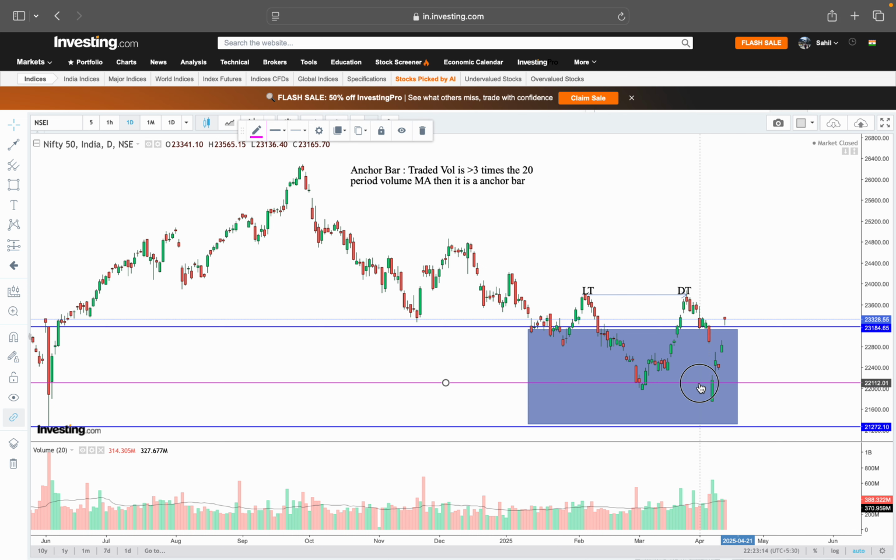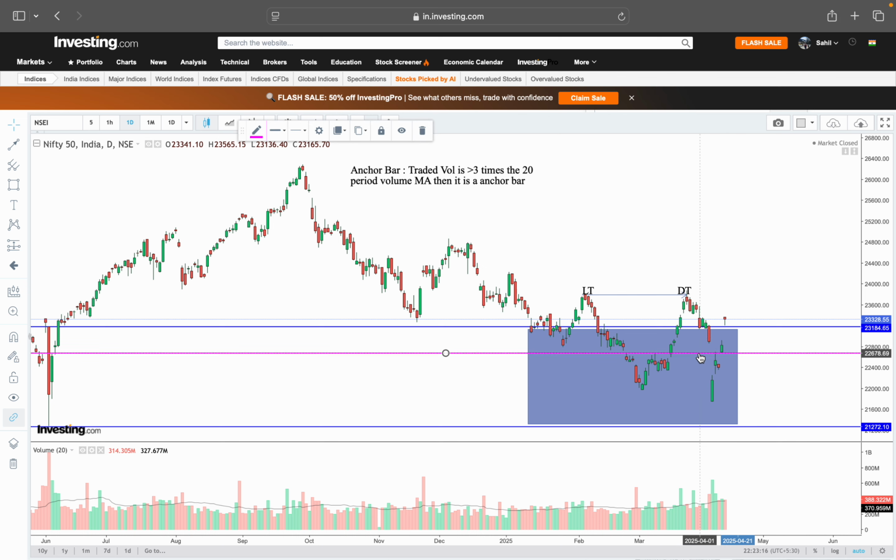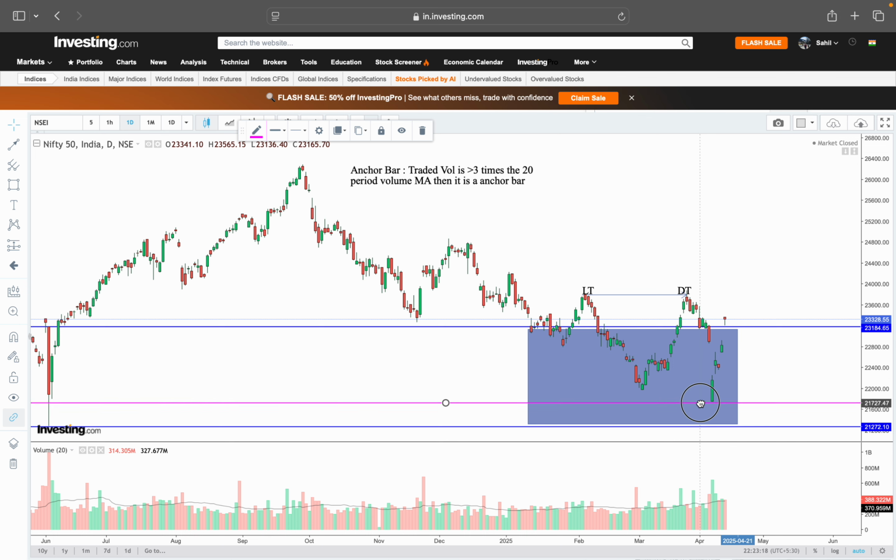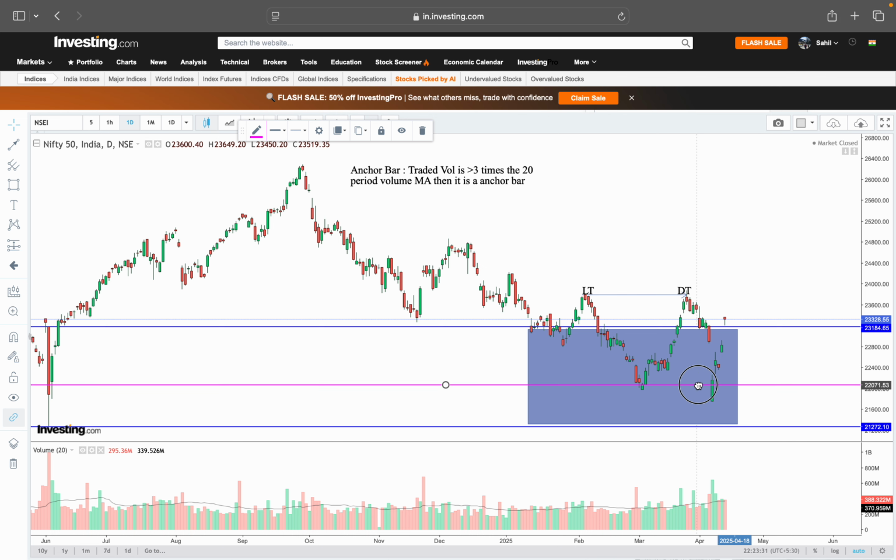If your trading system is to do it on 1/3 of the range, you could do it here, or 2/3 of the range, you could do it there. But obviously, the farther away you go from the main anchor range, the lesser is the probability of it getting traded, but you will get a very, very good risk reward in that case. So it's a trade-off, and it's a decision that a trader has to make. That is how they will enter.